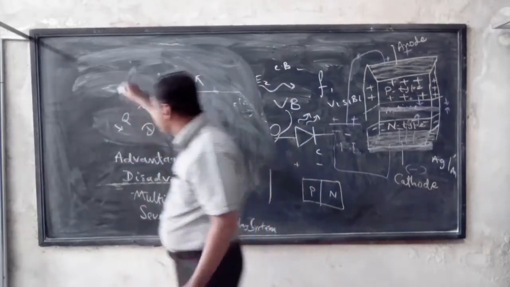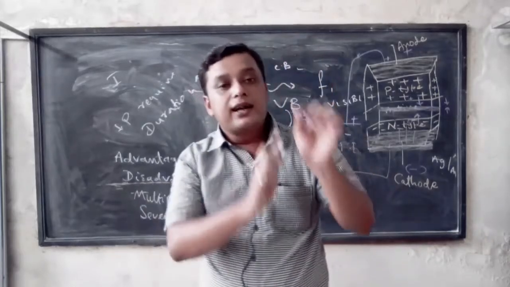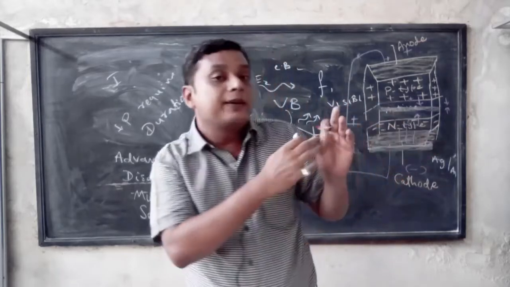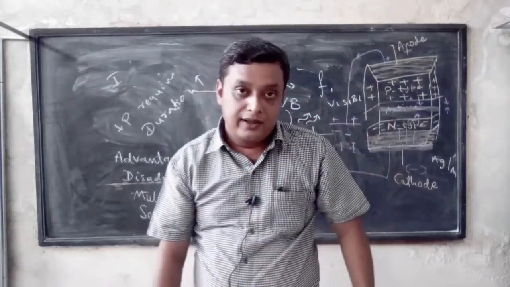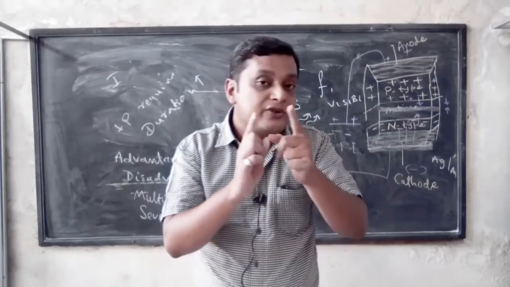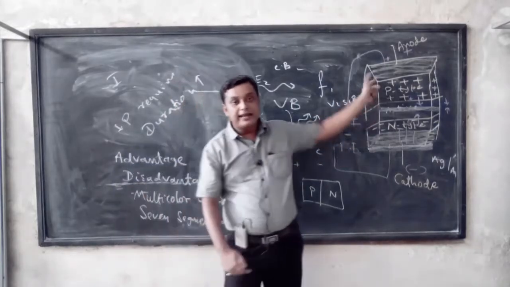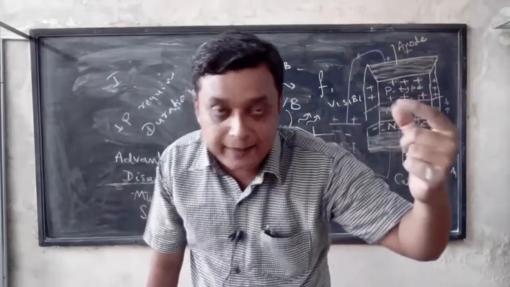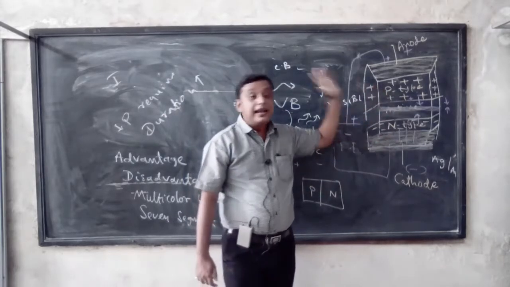Another advantage is that if I increase the electric current passing through the LED, it will give me a brighter, more intense light. So the intensity of the LED totally depends on the value of the electric current passing through it. So I am able to control the intensity of the LED by controlling the current.